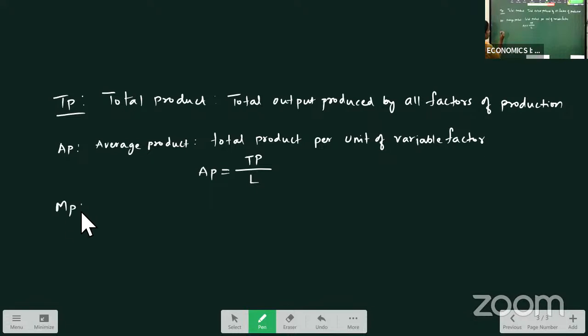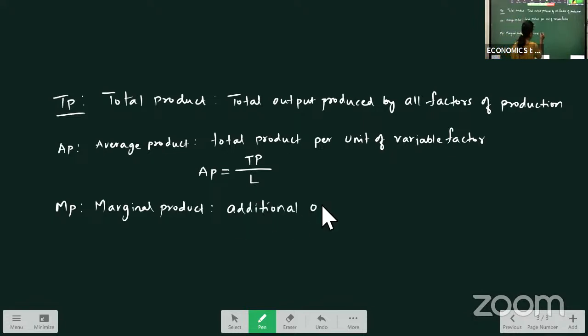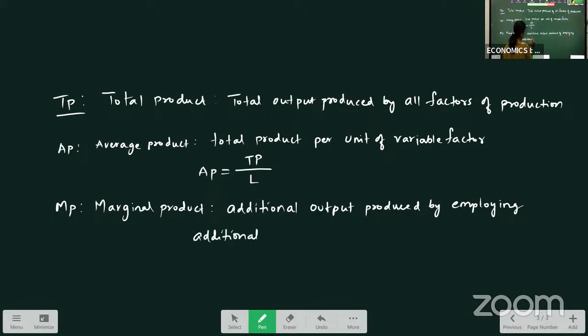Then next is the marginal product, MP. How will you define marginal product? It is the additional output produced by employing an additional unit of a variable factor.